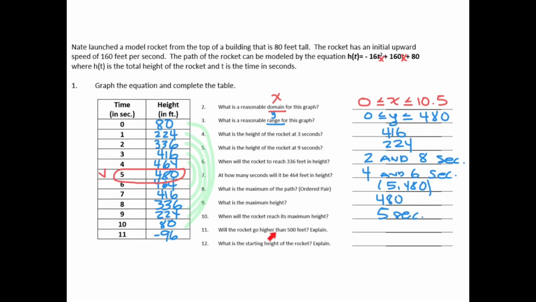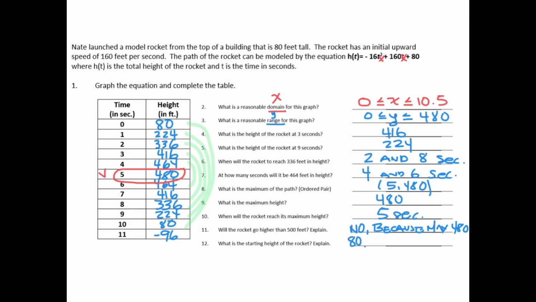Will the rocket go higher than 500 feet? If this is the maximum, it's never going to get higher than that. So we are going to say no. Why not? Because the maximum is 480. It's not going to go above that. What is the starting height of the rocket and why? The starting height is at time 0. We have 80.